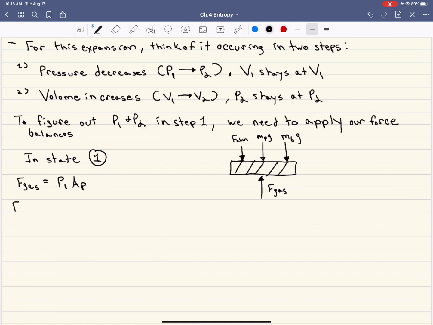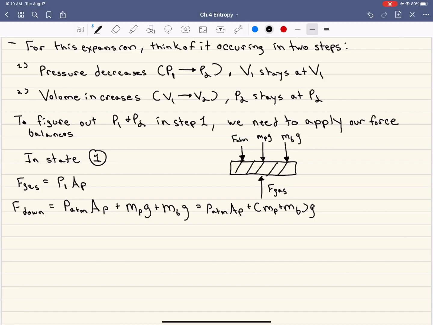In the downward direction, that's the atmospheric force, which is atmospheric pressure times the area of the piston, plus the mass of the piston times gravity, plus the mass of the block times gravity. In fact, we could factor out the gravitational acceleration as well to write it like this.